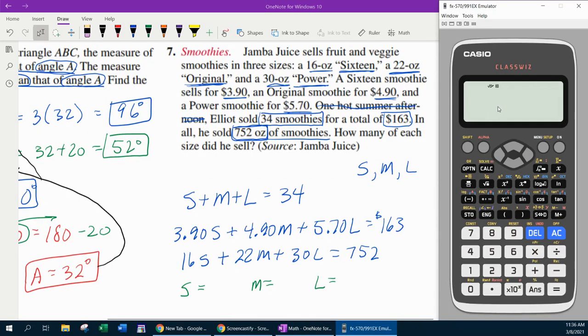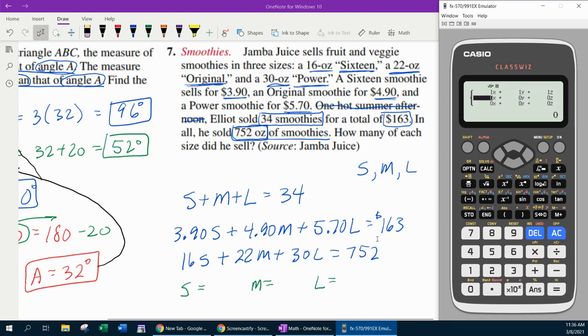And remember, for the Casio, to get to the system solver, you're going to go to Menu, down to Equation/Function, number 1, and there's 3 unknowns. And the coefficients for the first equation are all 1s. The constant is 34.